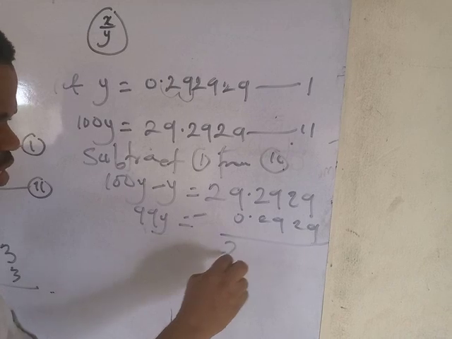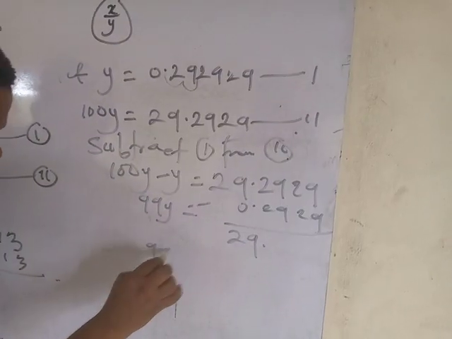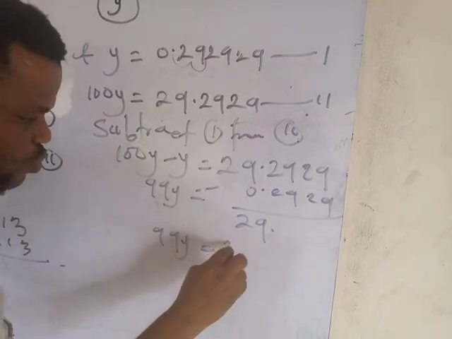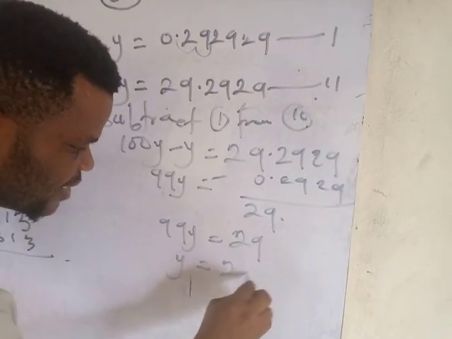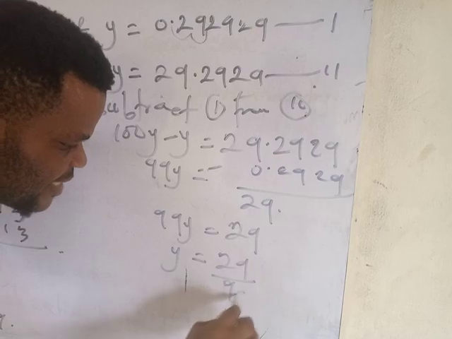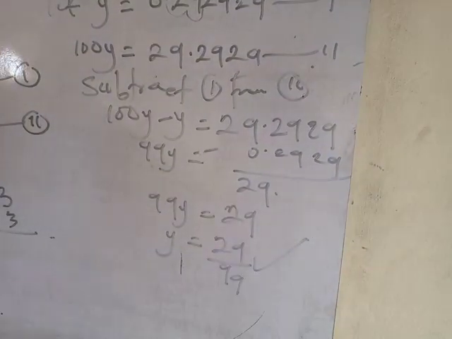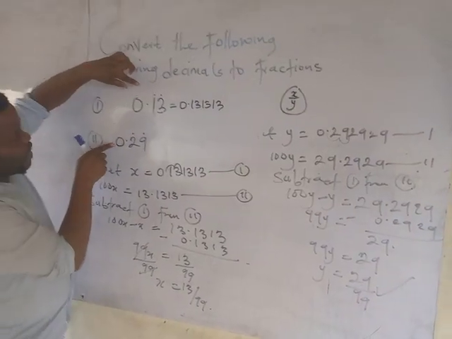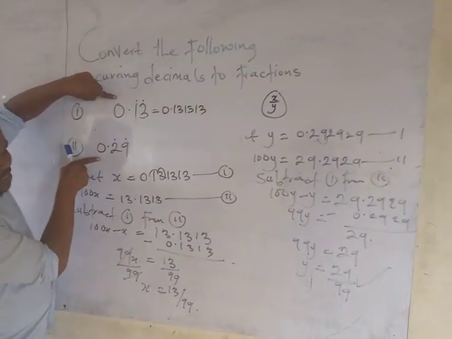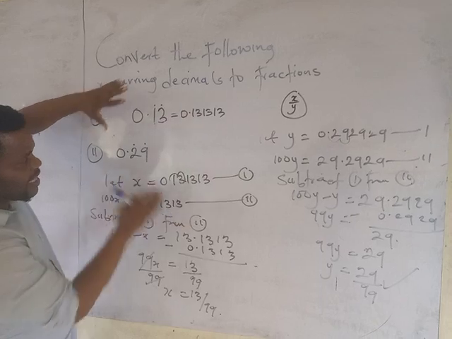So what we have here is 29. So my 99y equals 29, so my y equals 29 over 99. This is the answer. That is how you do it.